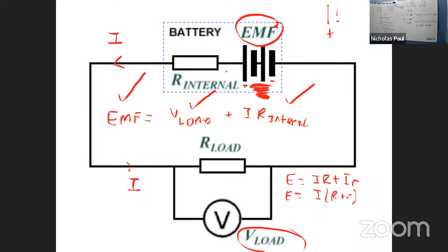Energy is converted from one form to another. Let's make a note of that. That's the relationship between EMF, terminal PD, and internal resistance.